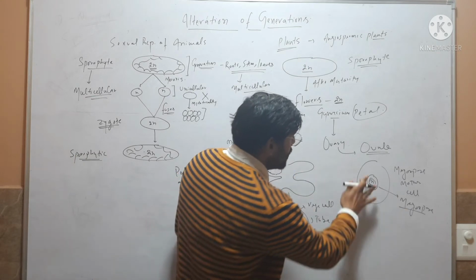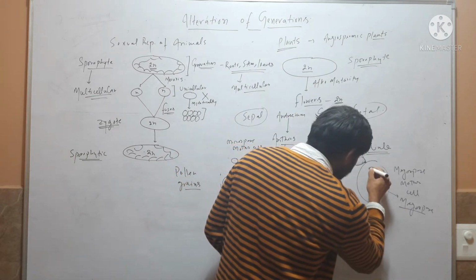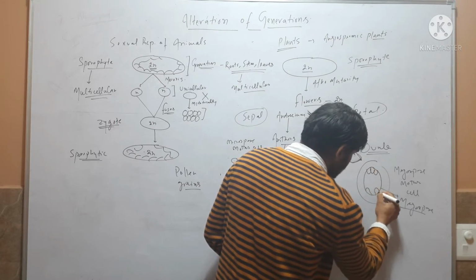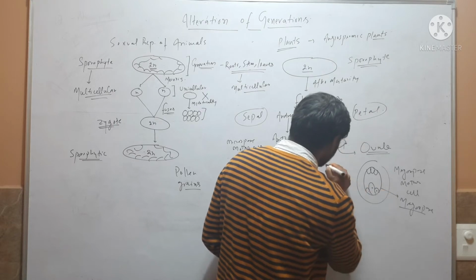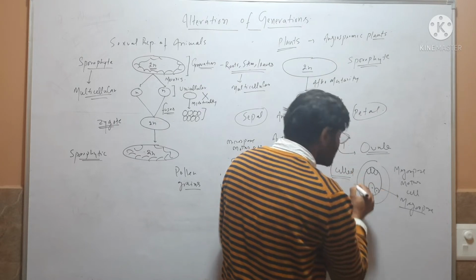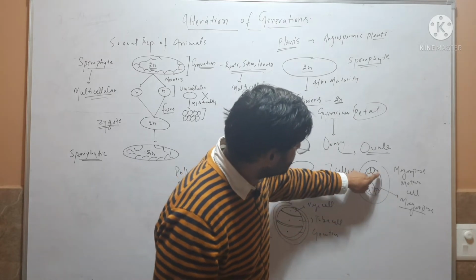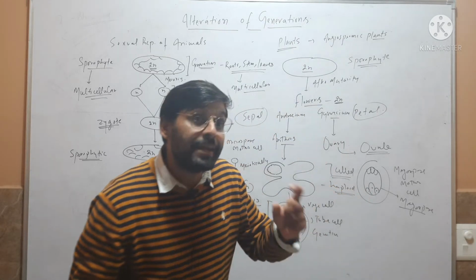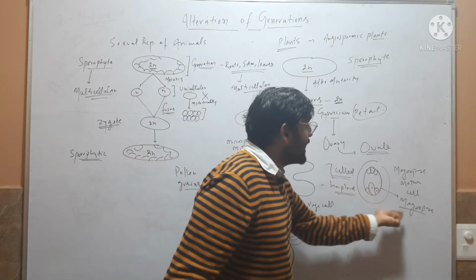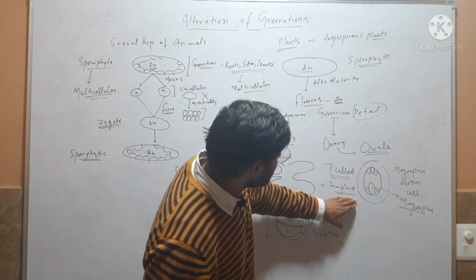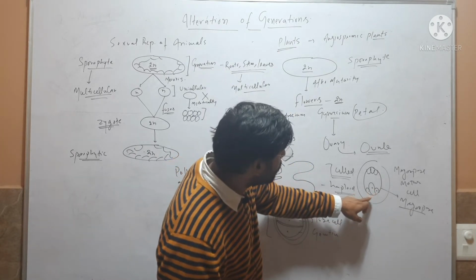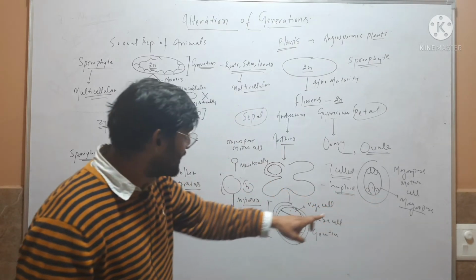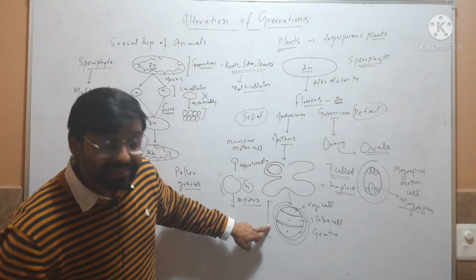Similarly, the megaspore will divide mitotically and form a structure with 3 antipodals, 2 synergids and 1 egg, and so on. So it becomes 7-celled. All these 7 cells are haploid, formed by mitotic division of the megaspore cell. So you can see that this haploid structure becomes multicellular: 7-celled here and 3-celled here.